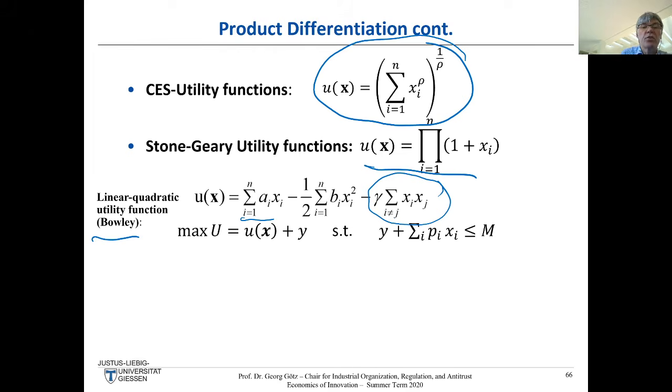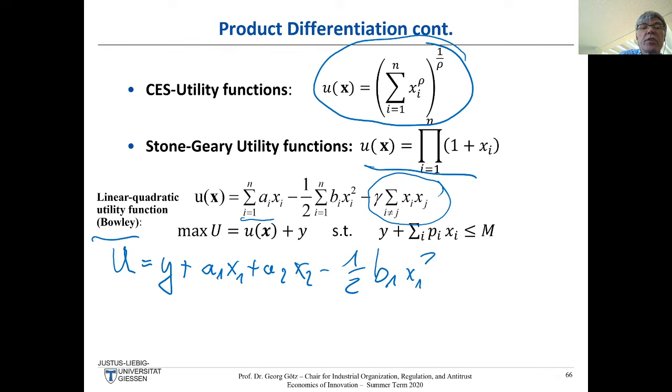But if you think in terms of just two differentiated products and a numeraire, how would it look? You would have U, and I start just with the Y because it's easier, Y plus, if you have only two products, a1 x1 plus a2 x2, minus 1/2 b1 x1 squared, minus 1/2 b2 x2 squared, minus gamma x1 x2.